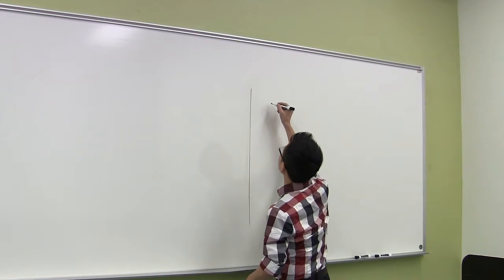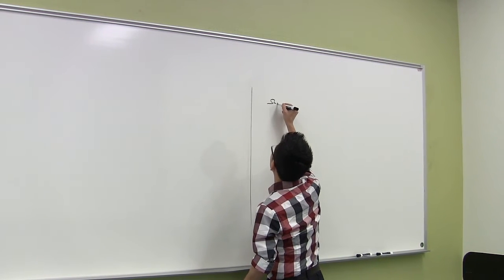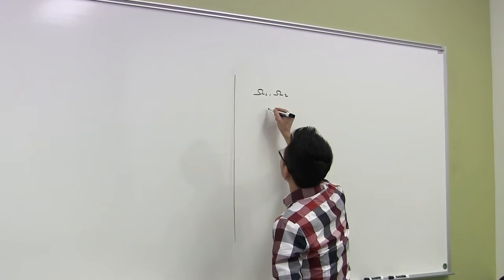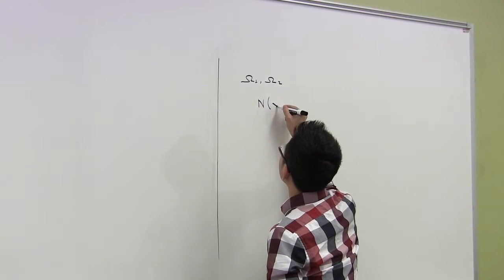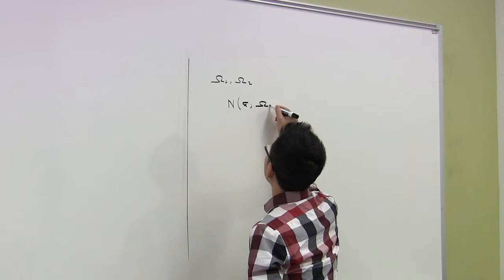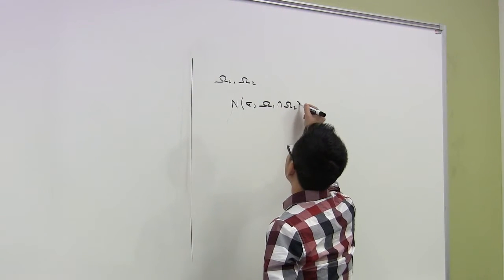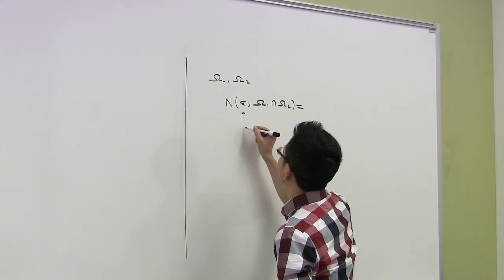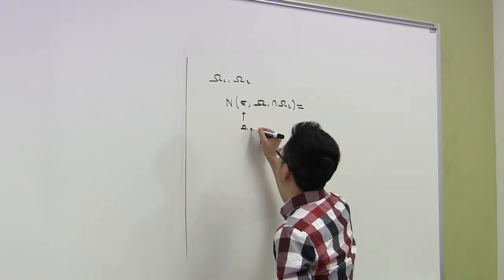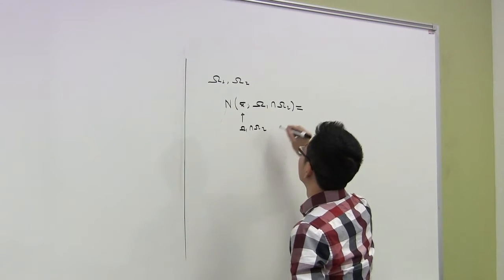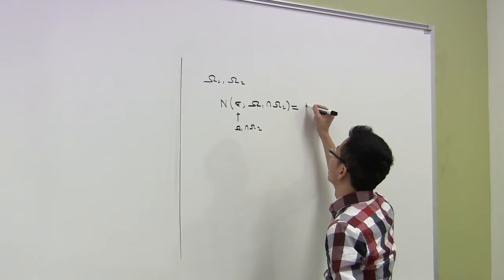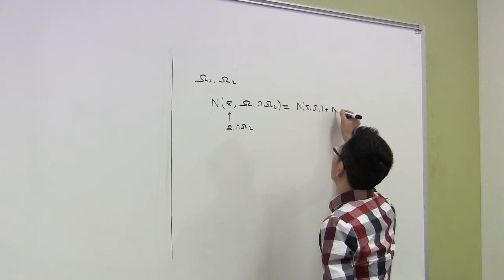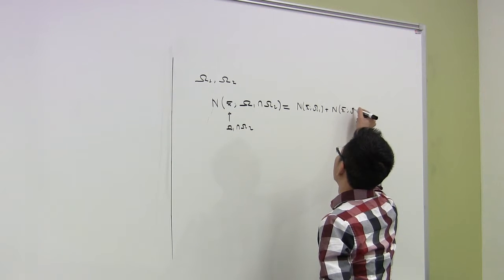If we have two convex sets, omega 1 and omega 2, then the normal cone to the intersection of omega 1 and omega 2 at x bar, where x bar is a point in the intersection of omega 1 and omega 2, can be represented as the sum of the normal cone to the first set at x bar plus the normal cone to the second set at x bar.